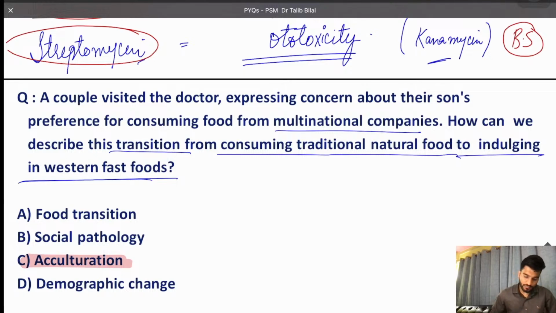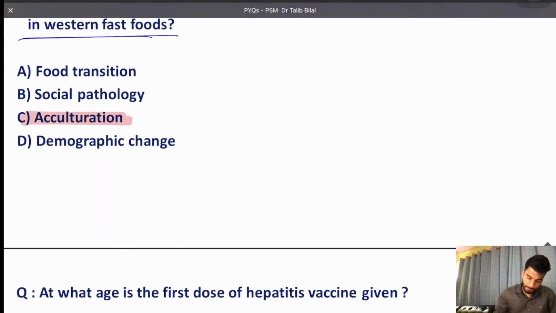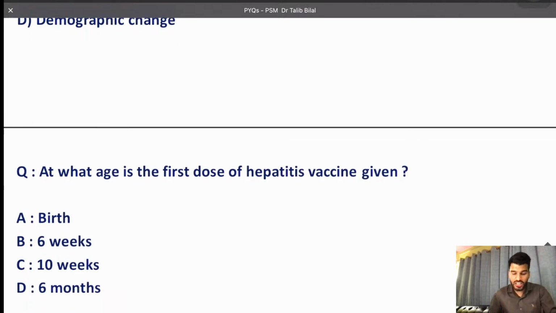Chalo theek hai, acculturation. At what age will the first dose of hepatitis B vaccine be given? As per the Universal Immunization Program, the options are at birth, 6 weeks, 10 weeks, or 6 months.